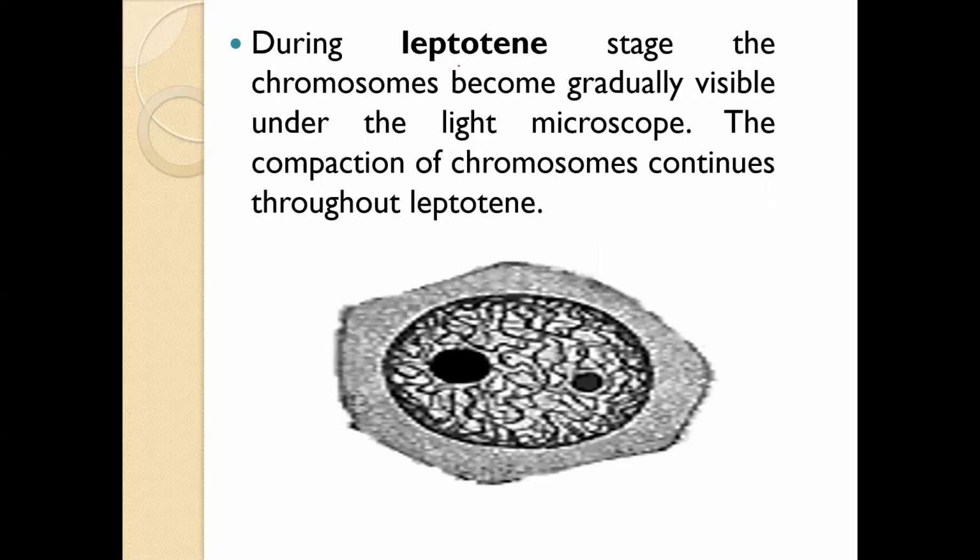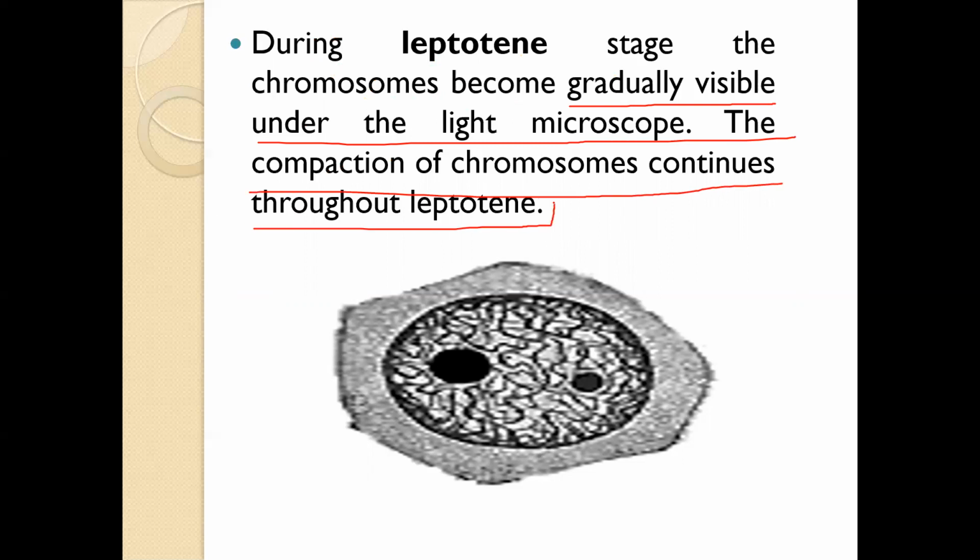the importance of the leptotene phase. During the leptotene stage, the chromosomes become gradually visible under the light microscope. The compaction of chromosomes continues throughout leptotene. Leptotene is the first phase of prophase 1.